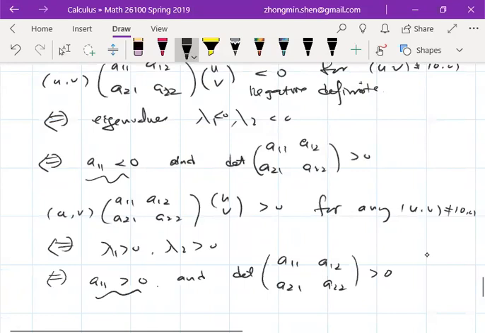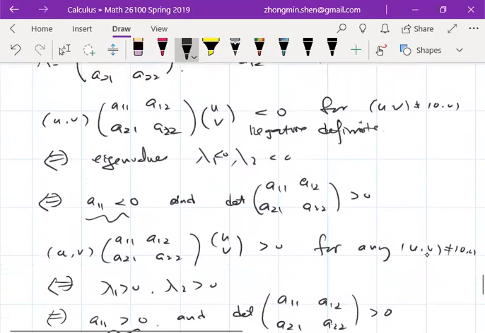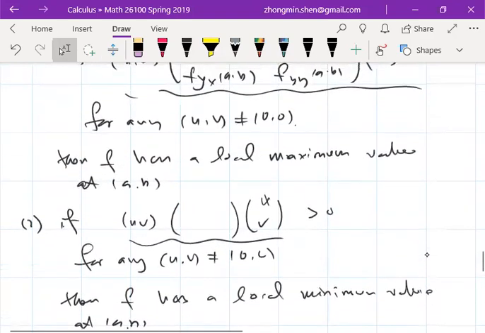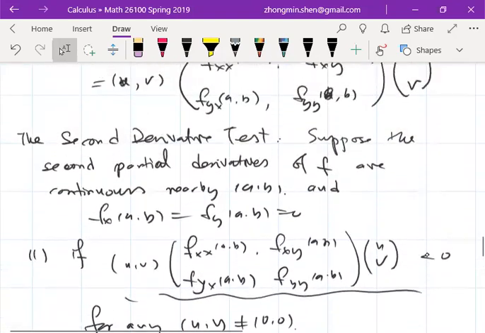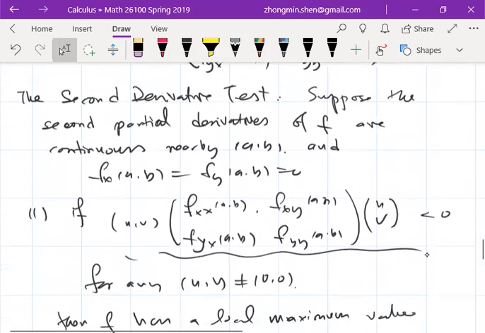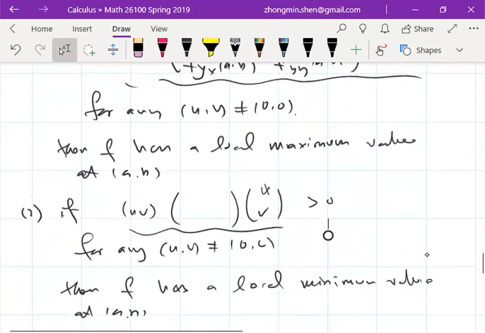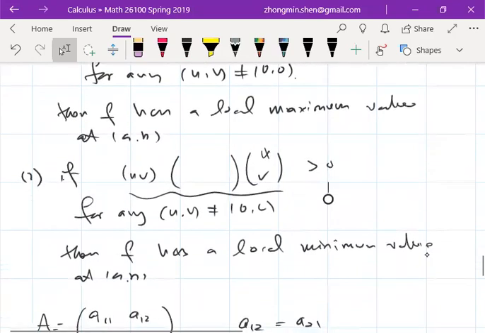So the function does not have a local maximum or local minimum value. Going back to the theorem, the second derivative test: if the matrix is neither positive definite nor negative definite, then the function does not have a local maximum or local minimum value.